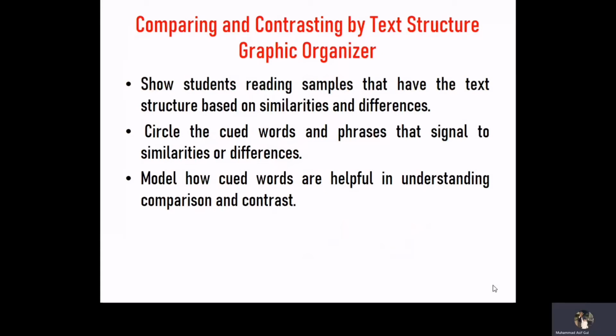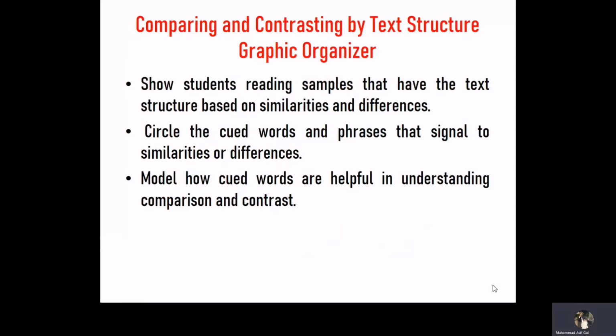And then we will use these cued words to comprehend the paragraph or sentence. We will see how these cued words are helpful in understanding comparison and contrast.